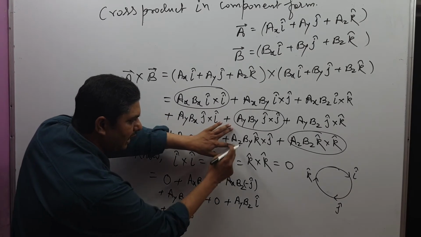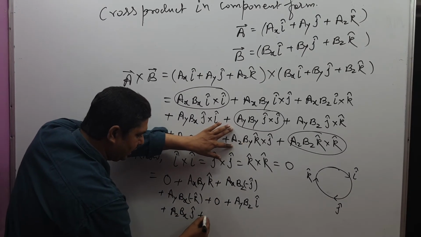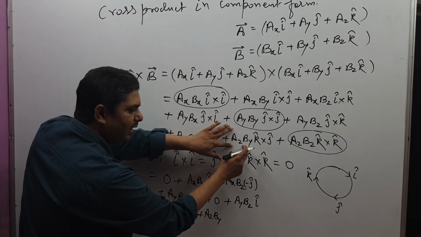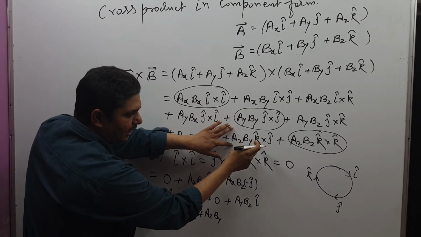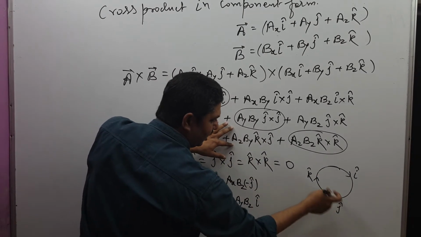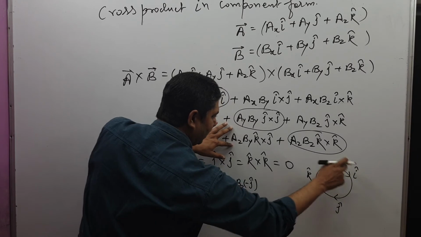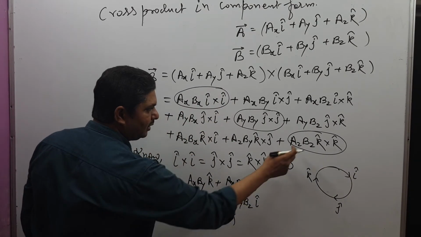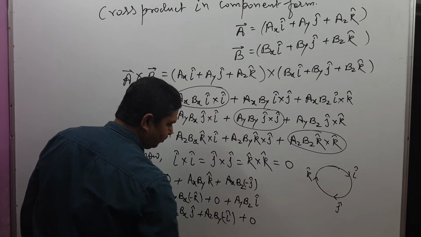Now AZ BY, and here k cross j. It moves opposite, so you write minus i. After that, this is the term 0.